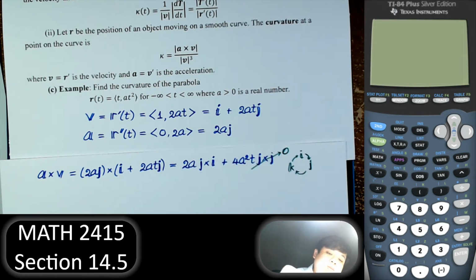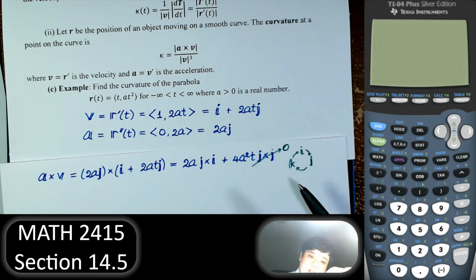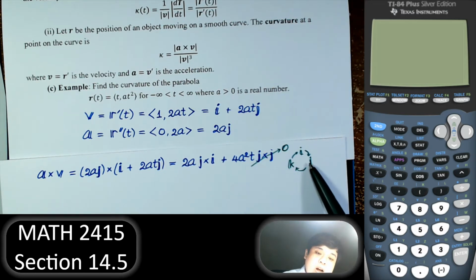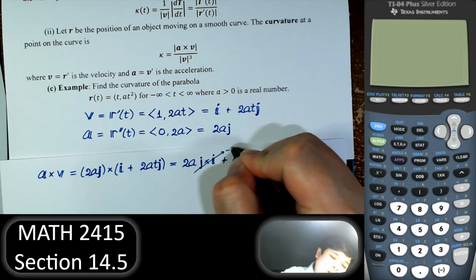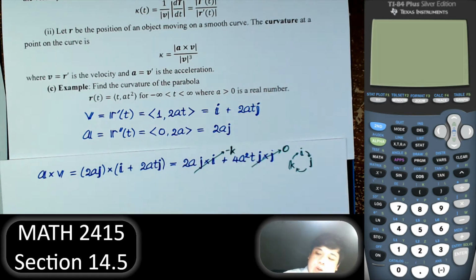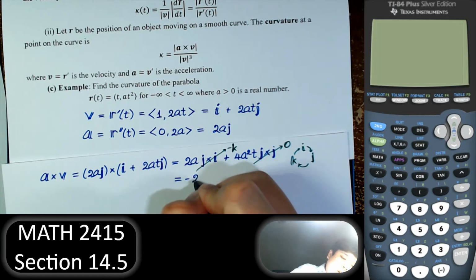Because the cross product's magnitude is determined by the product of the magnitudes times sine of the angle in between. If the angle of two identical vectors is 0, sine of 0 is 0. So that's why the magnitude is 0 and the vector is a 0 vector. j cross i, we go reverse. j cross i goes to negative k. So we just have 2a negative k, or negative 2ak.